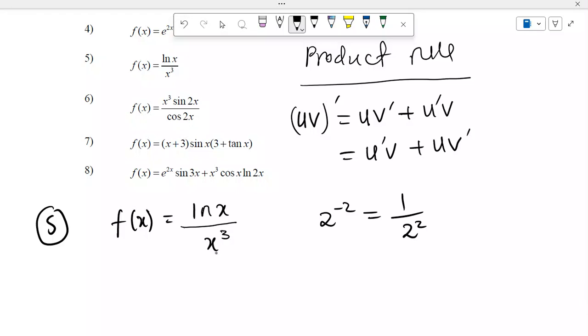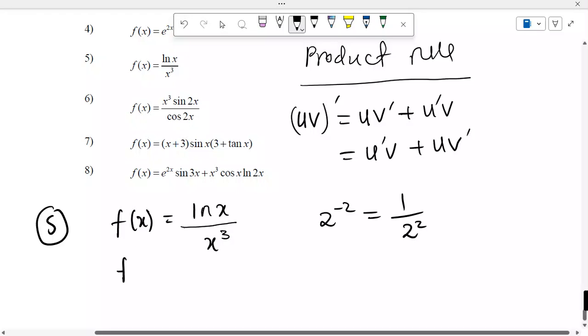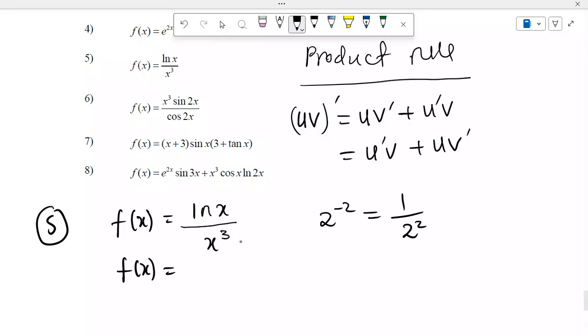We are not doing the quotient rule here. When the denominator goes on top, it will have a negative power. So you have ln x times x to the power negative 3. These are the same according to rules of indices.